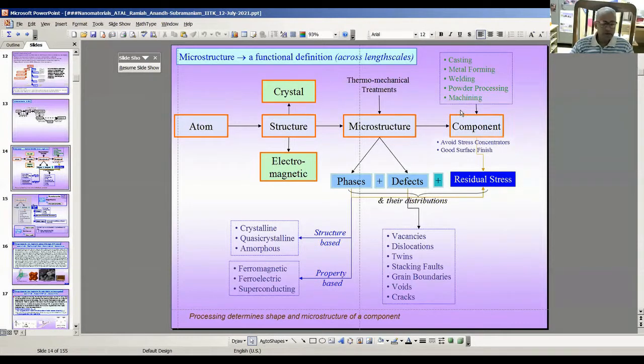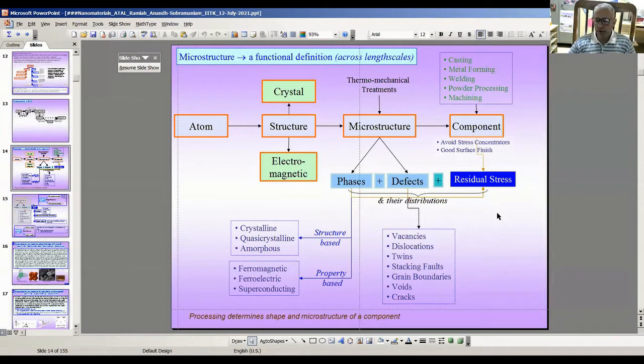Now let us take a formal look at what is a functional definition of a microstructure, because, like we saw in the case of the alumina reinforced with carbon nanotubes, we need to understand this microstructure so that we can get the optimal properties. So the functional definition of microstructure can be given as phases and their distribution, defect structure and their distribution, and finally residual stress and their distributions.